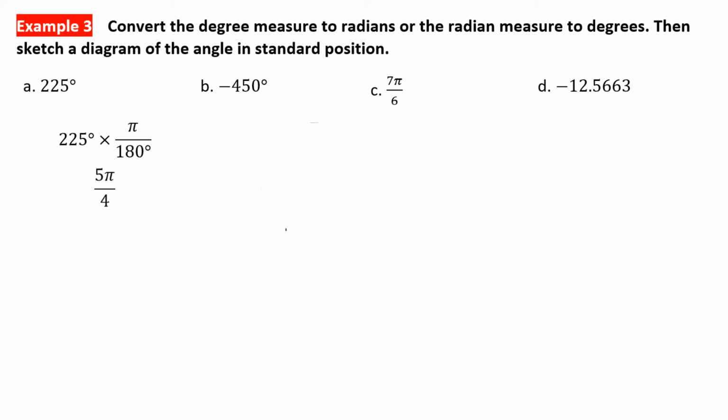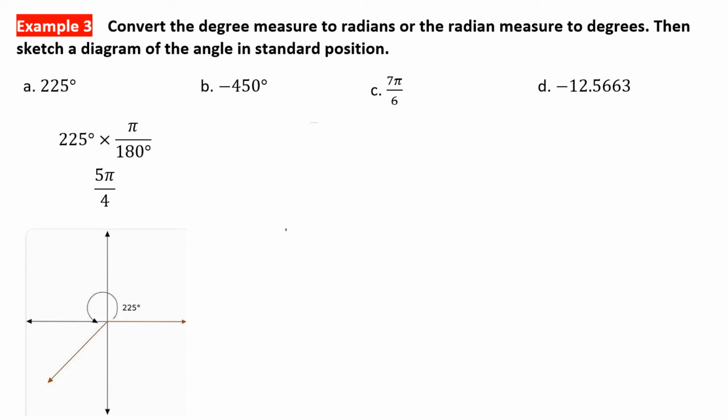When we multiply, 225 and 180 reduces to 5 over 4, and it's traditional that we're going to leave pi in our answer. When we sketch that, we're going to be down in the third quadrant, 45 degrees below the x-axis, or pi over 4 below the x-axis.